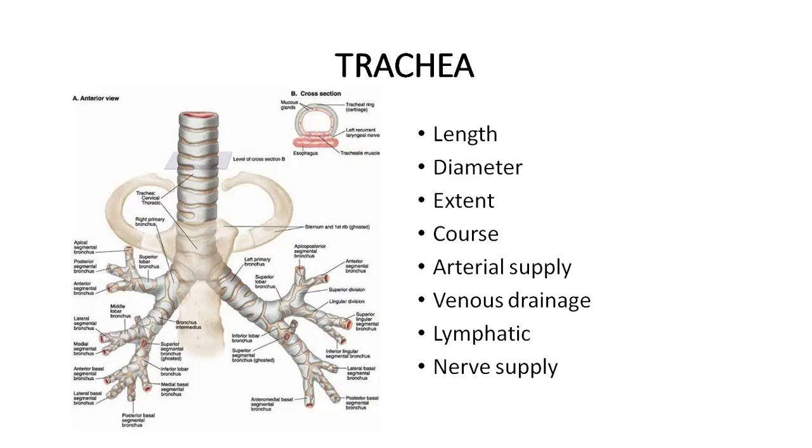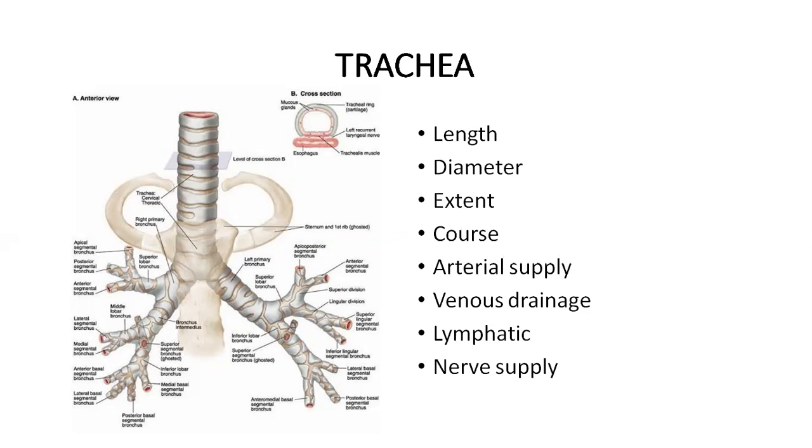Externally, the diameter is 2 centimeters in males and 1.5 centimeters in females. Internally, the lumen diameter at 1 year is 3 millimeters. In the adult, it is 12 millimeters. Arterial supply is by the inferior thyroid arteries. Venous drainage is by the left brachiocephalic vein.